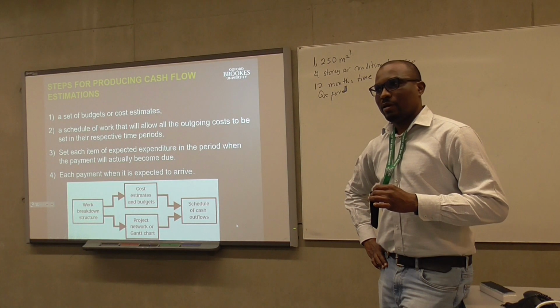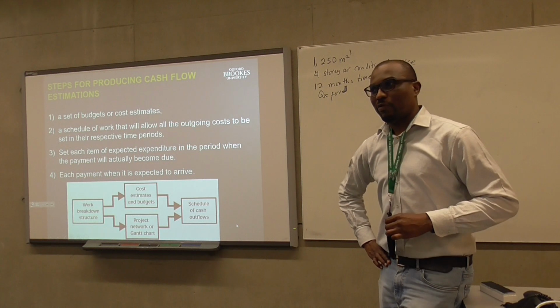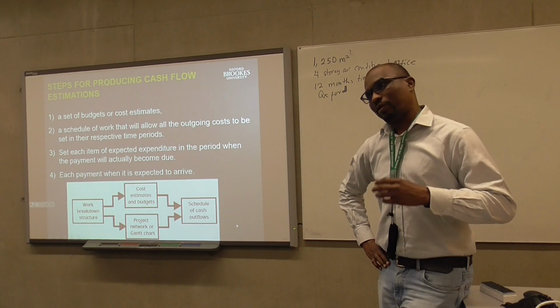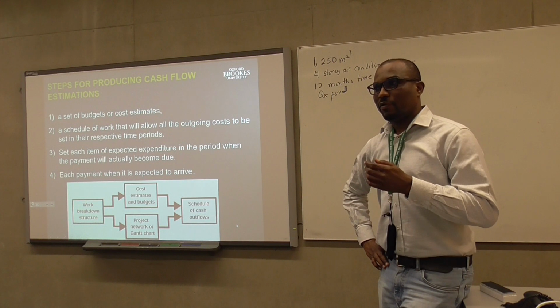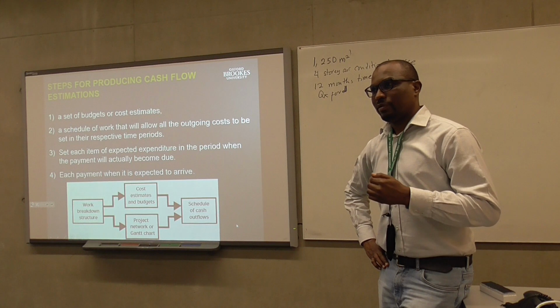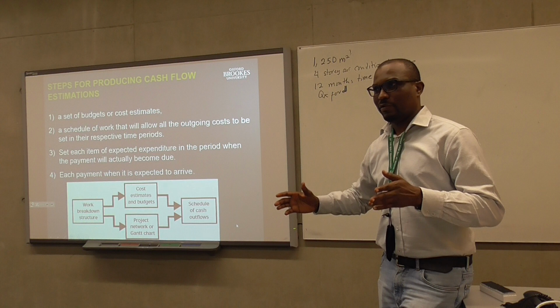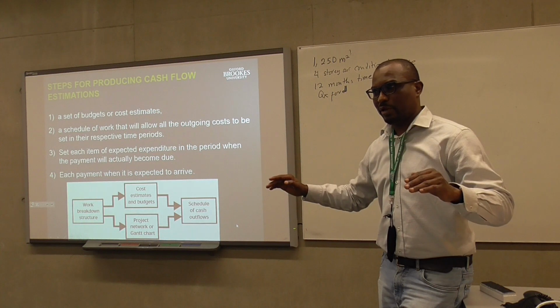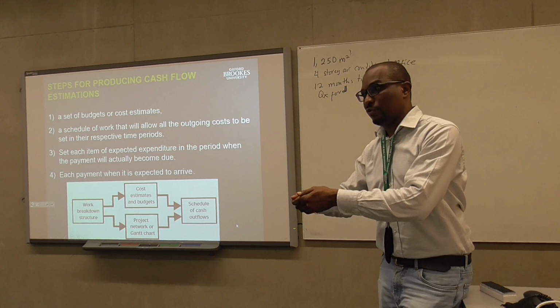So typically projects can run over years. A project can run 3, 4, or 5 years, right? And for most contractors, they have a limited amount of cash themselves. Contractors are spread over 3, 4 projects. And the contractor is not the one supposed to finance your project for you.